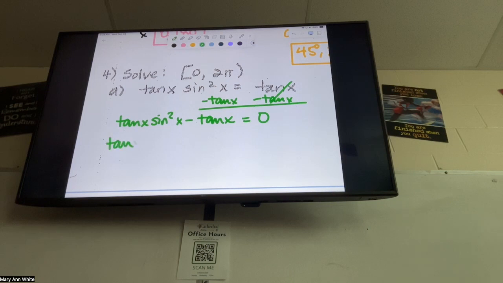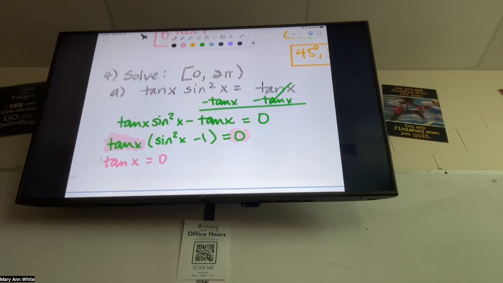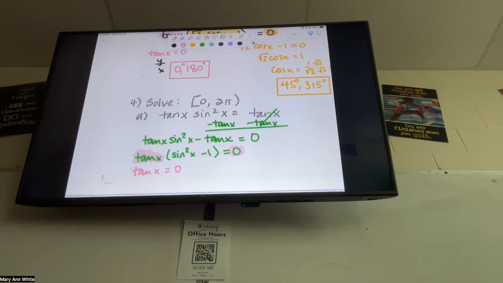So we get tangent x, and then we get sine squared x minus 1 equals 0. And then just like we did before, we're gonna set each part equal to 0. Tan of 0, I think we just did a second ago. The only difference is I wanted radians, not degrees. So tan of 0 in radians would be 0 and pi.